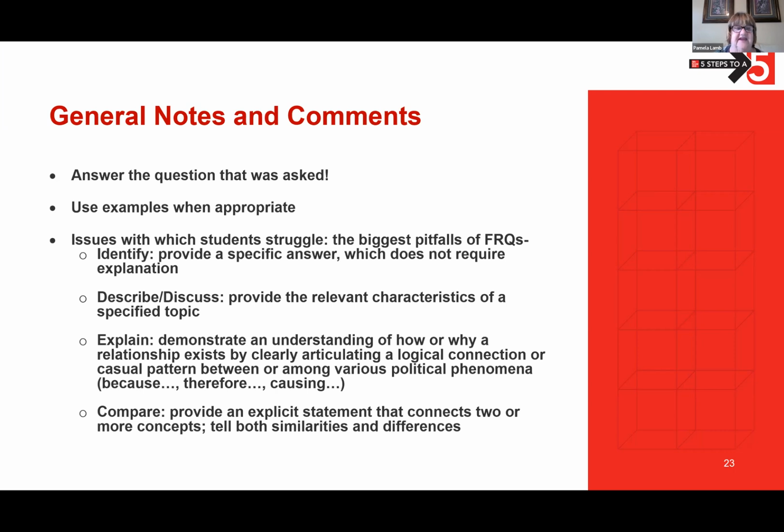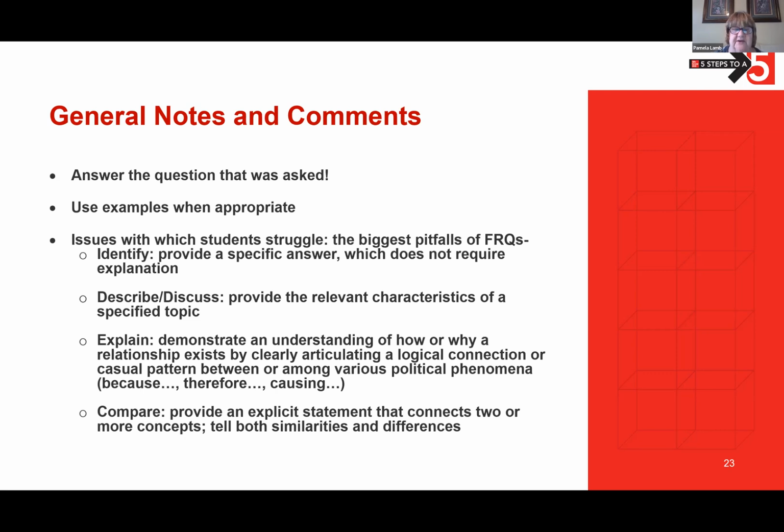Make sure that if they ask you to identify, that's what you do. If they ask you to explain, that's going to take a lot more elaboration than just an identify. And so I have included identify, describe, explain, compare. Those are generally what students are asked to do on free response questions.